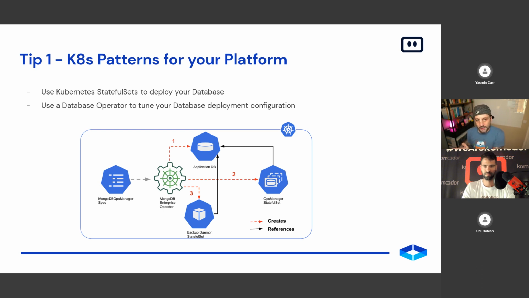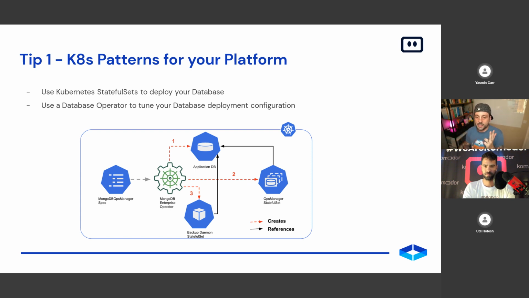And the second part for your platform, which is really tip number 1: use a stateful set, but also a database operator, which will take care of the database deployment, like we've shown here, but also, as we'll see later in the other demo, all the day 2 operations, such as scaling your database. Typically in MongoDB, you have the primary for writes, but you can add more replicas for reads, to give you more performance for reads.